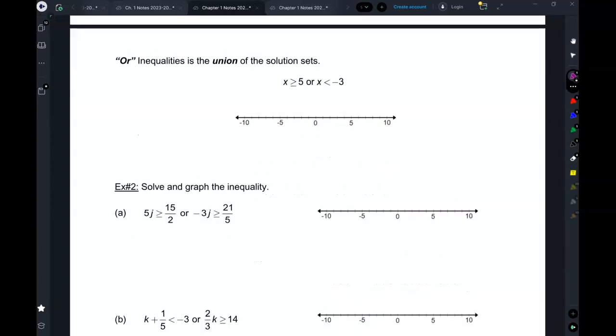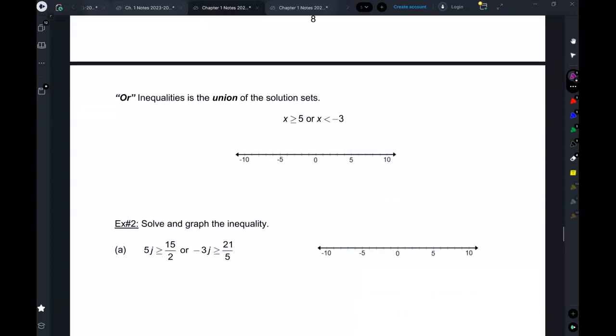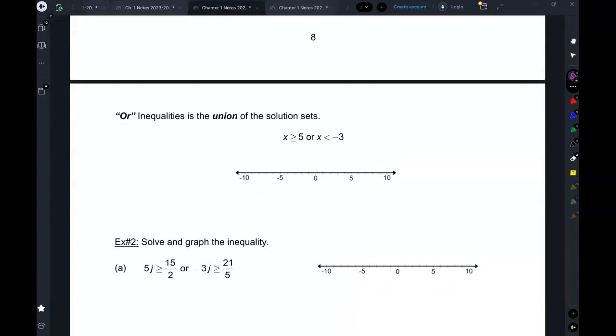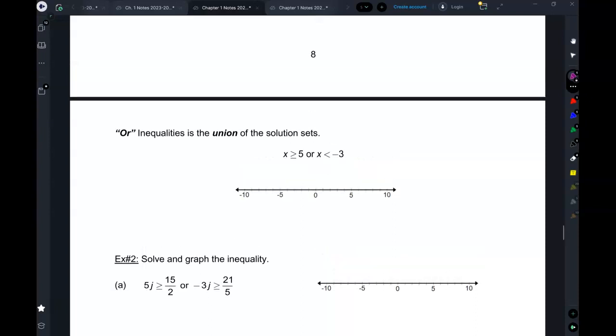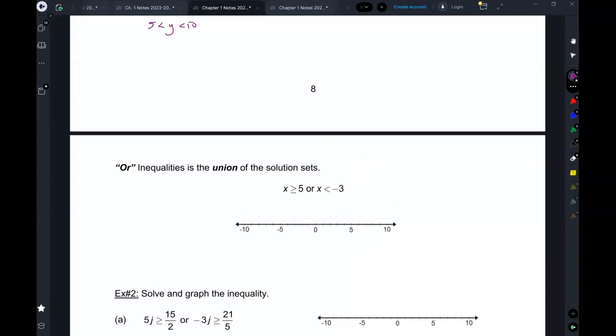Okay, now those are AND inequalities. Now let's talk about OR inequalities. But before we do that, let me talk about a scenario here. Suppose D. Toledo was holding an event, okay? And you could go if you were older than 15 years and younger than 17.